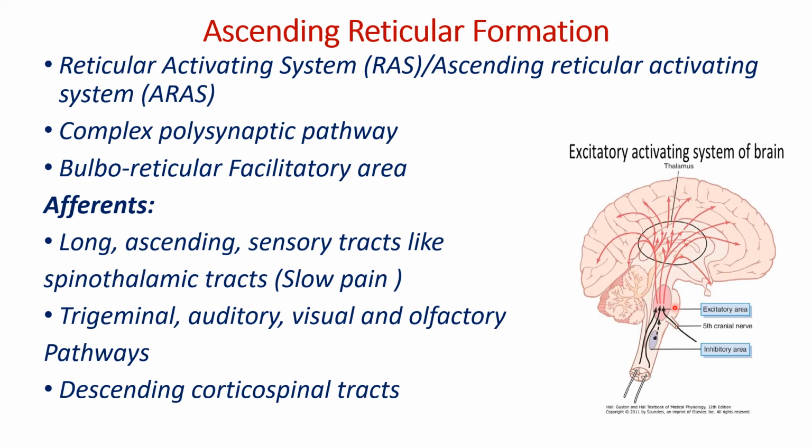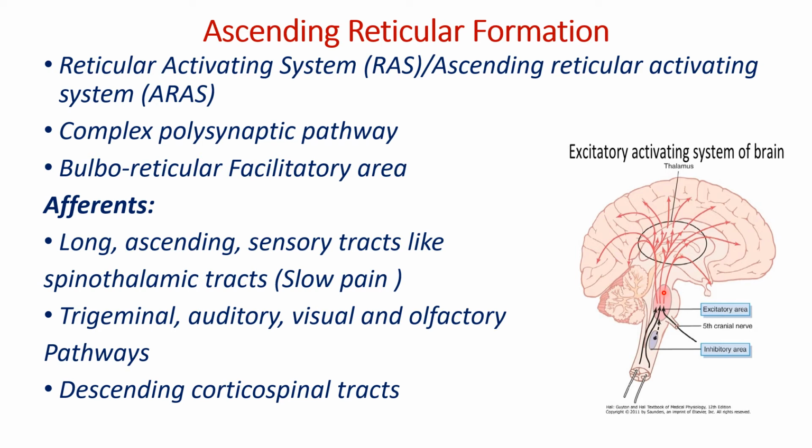It projects anteriorly to the hypothalamus to mediate behavior, as well as posteriorly to the thalamus and then directly to the cortex for activation of awake, desynchronized cortical EEG patterns.